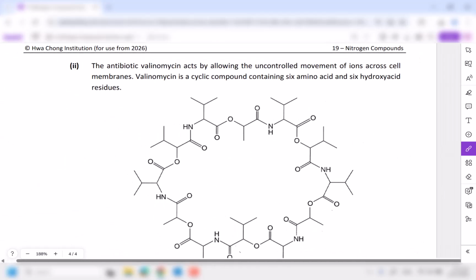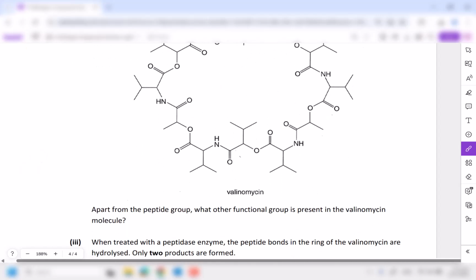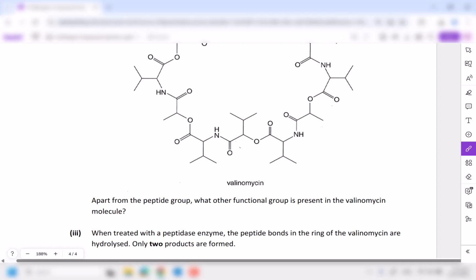Okay, next, we have the antibiotic valinomycin acts by allowing the uncontrolled movement of ions across cell membranes. So valinomycin is a cyclic compound containing 6 amino acids and 6 hydroxy acid residues. Okay, so question is, apart from the peptide groups, what other functional group is present?